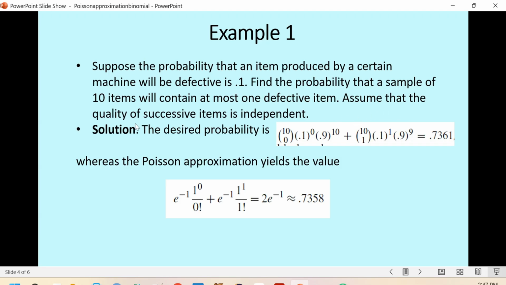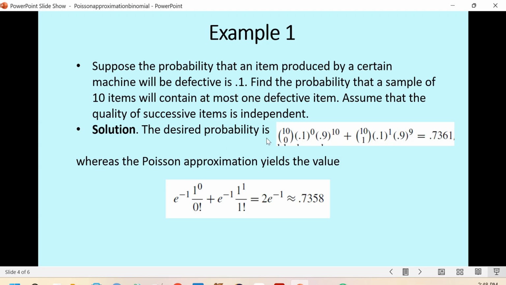Assume that the quality of successive items is independent. Although in this example n is not very large, relative to the probability it is moderately large, so we can also use the Poisson approximation.